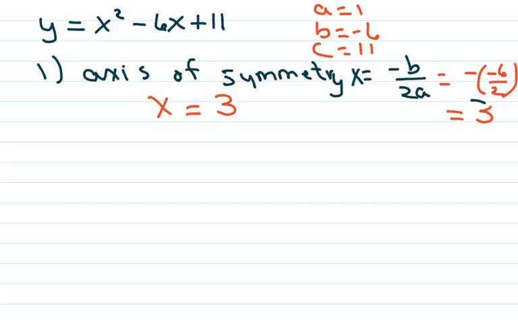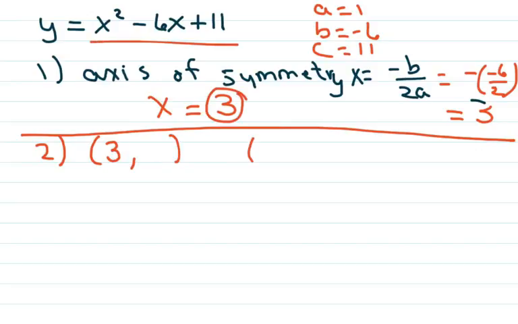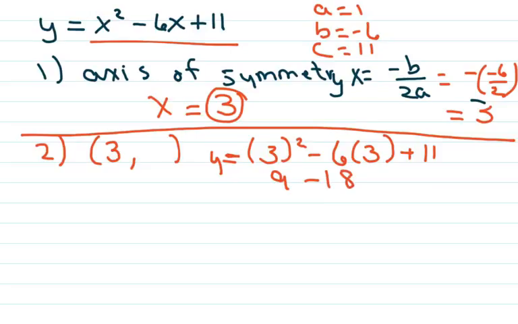Now, to find the vertex, the vertex is going to be 3, something, and all you do is plug this 3 into our equation here. So y equals 3 squared minus 6 times 3 plus 11. That's 9 minus 18 plus 11.